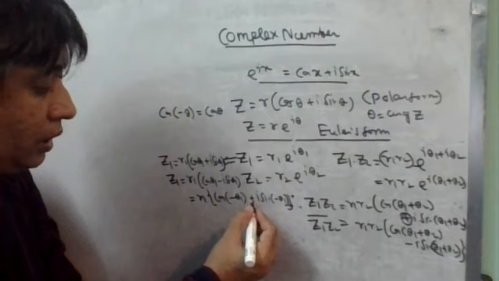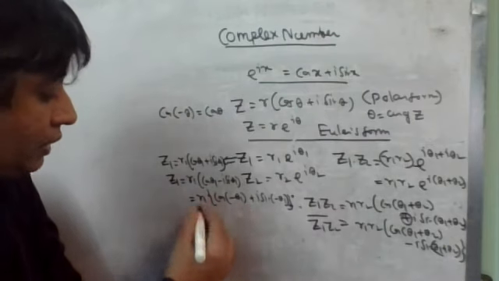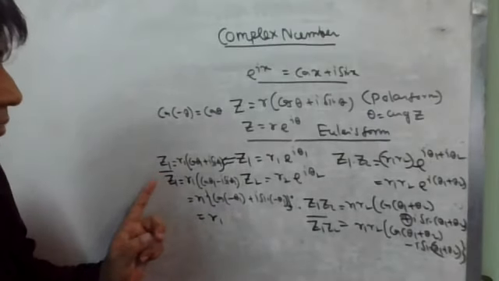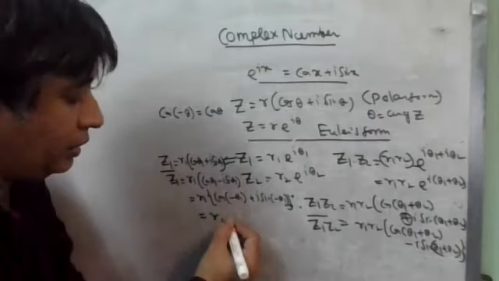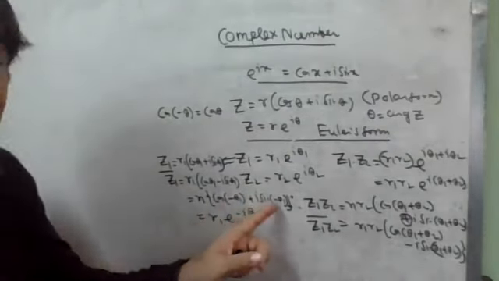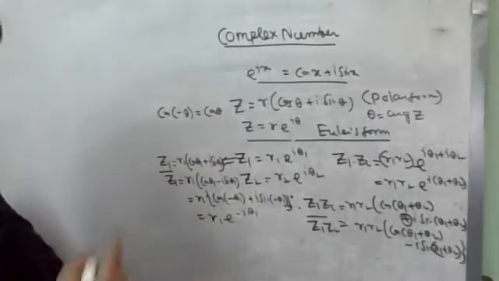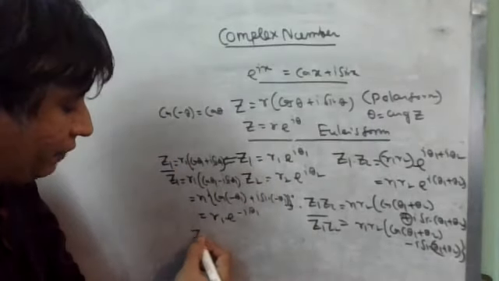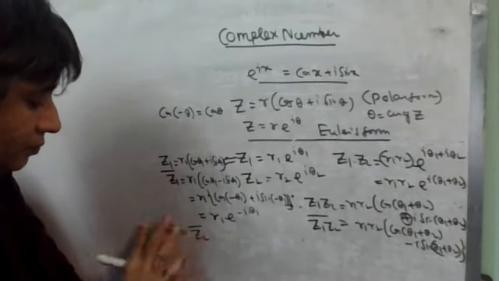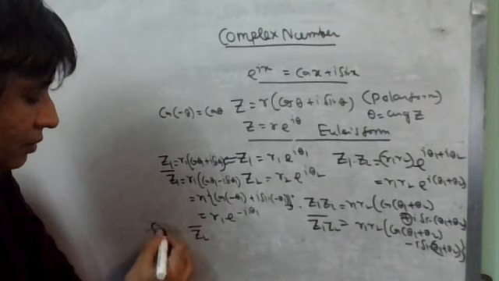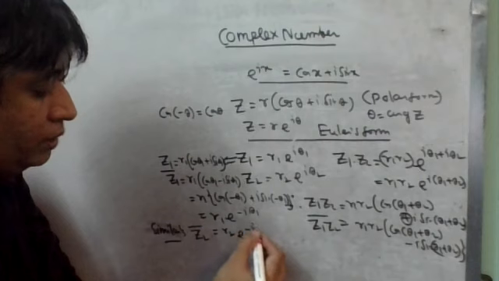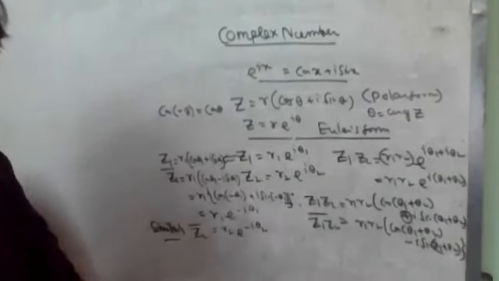So this can be expressed as, I forgot to put the bar sign on top, r1 e to the power minus i theta 1. Here theta 1 is negative. Similarly, z2 bar is r2 e to the power minus i theta 2.